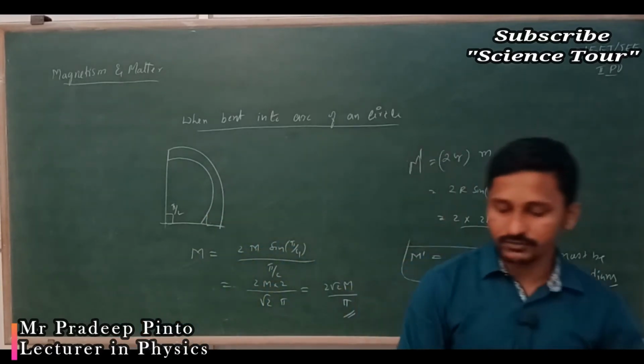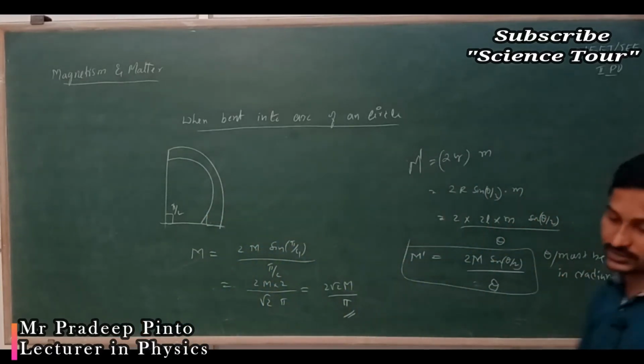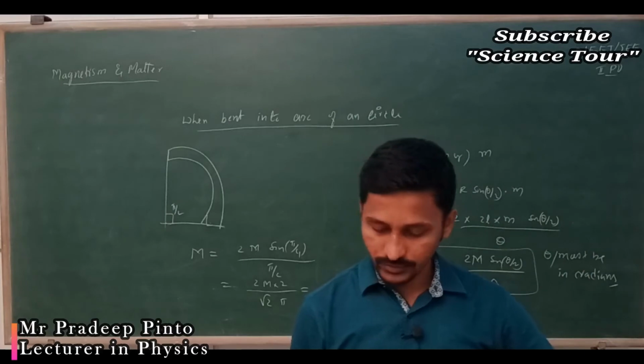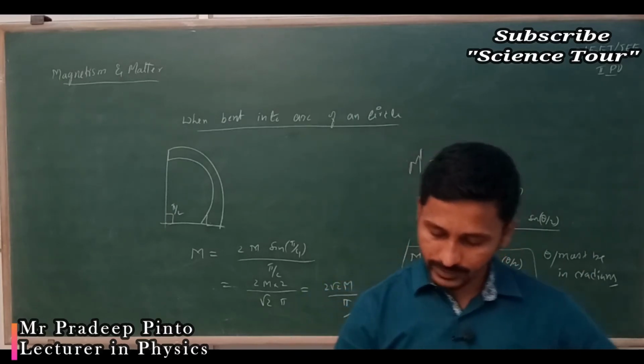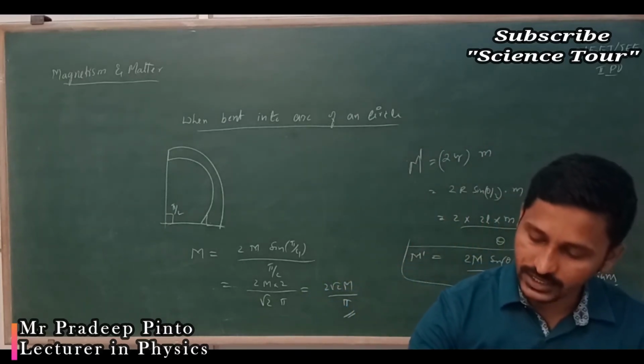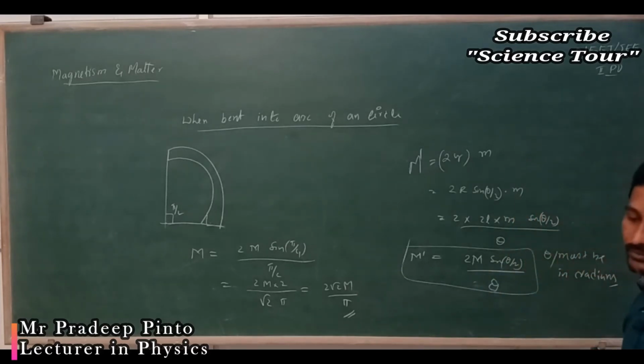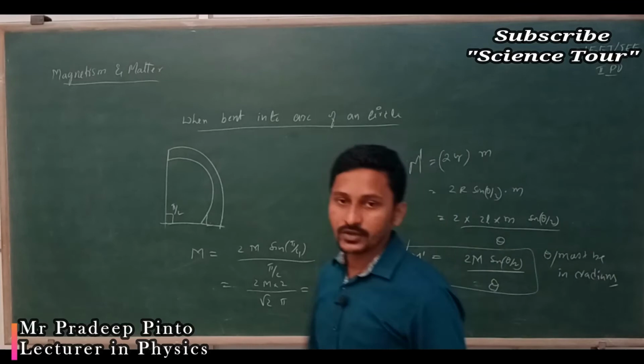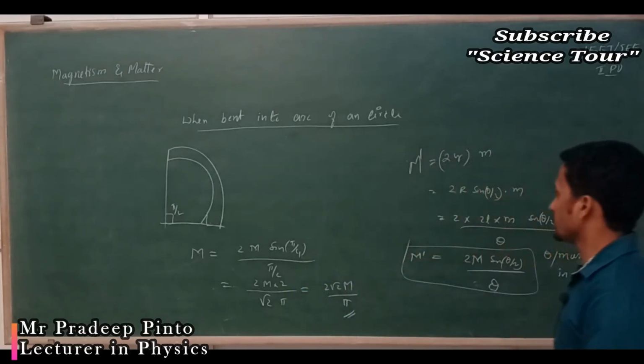That is nothing but the new magnetic moment which is arrived, or m' is equal to m by root 2, that is also okay. In this way we can write down the magnetic moment.